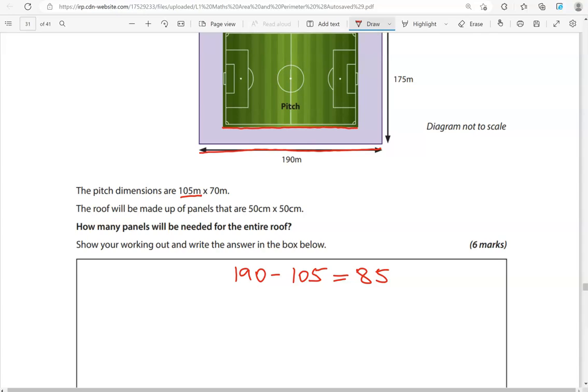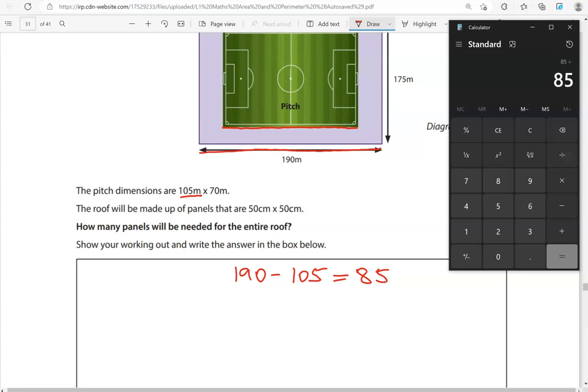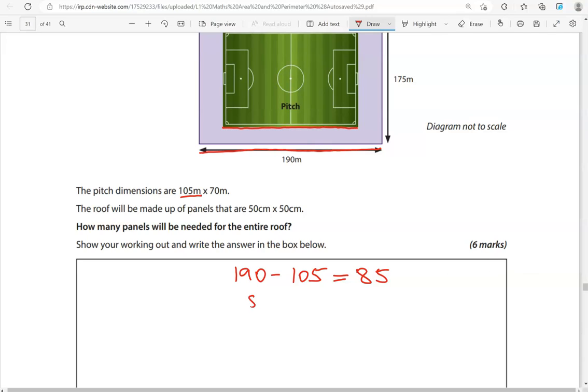So that is 85 for both sides. If I divide it by 2, it's 42.5 meters on each side. So I know that this distance here is equal to 42.5 meters, and so is this one.